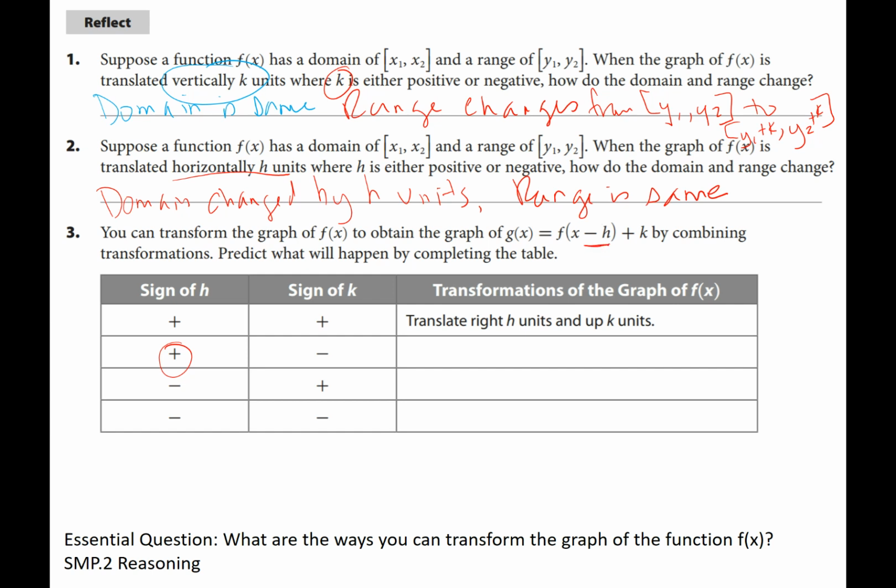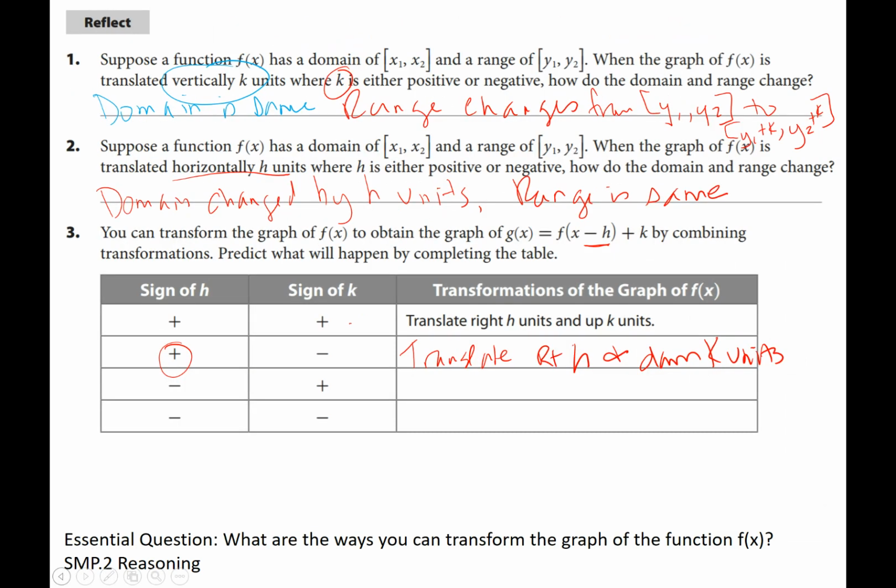A sign of h as positive is going to make it move to the right. So we're going to use that fancy word translate right h. And the negative is going to make it, because if positive makes it go up, negative has to make it go down, and down k units.